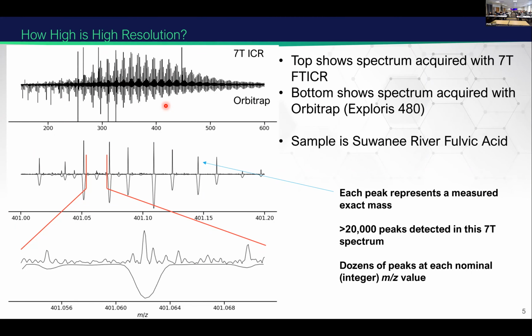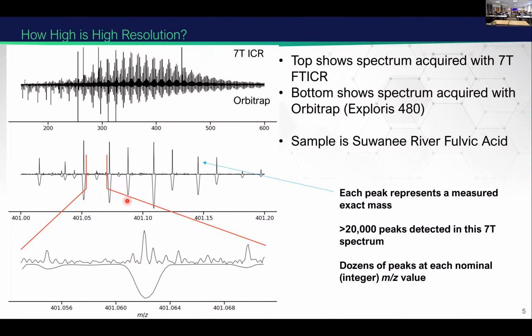And you can see that across the whole range from about 200 to 600 mass to charge units, we see peaks across the whole breadth of this range. If we zoom in to just a single nominal mass, so this is 401 to 401.2, there's a dozen or so features, and each of those features is a distinct different ion or mass that we're measuring.